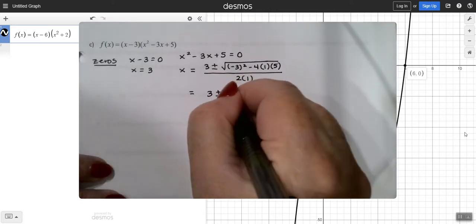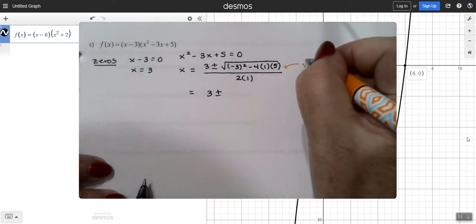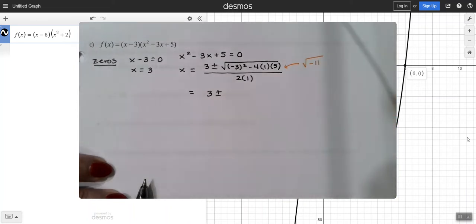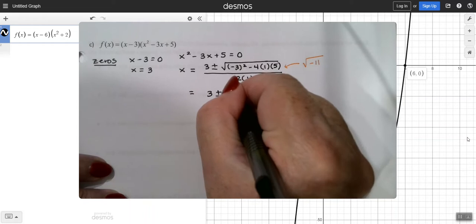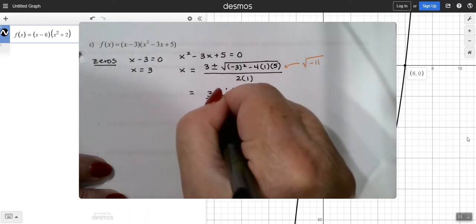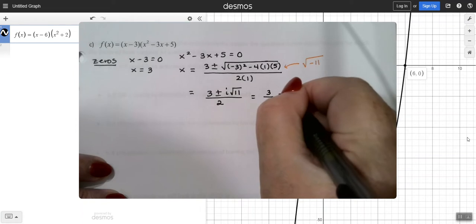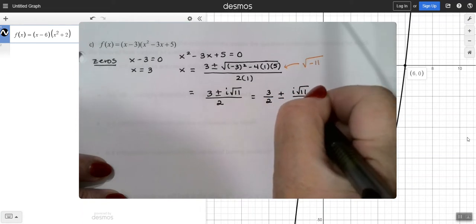That's 3 plus or minus, I'm just going to do my arithmetic off to the side here. 9 minus 20 would be negative 11. So I could write that as i times the square root of 11 over 2, or 3/2 plus or minus i square root 11 over 2.